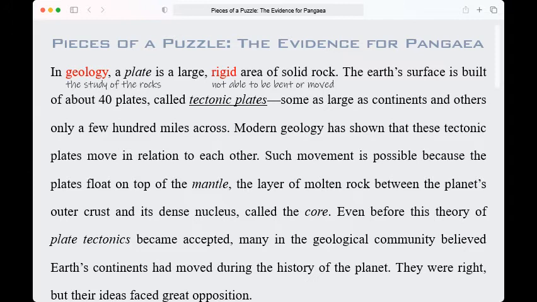So in the field of geology, where they study rocks, the word plate refers to this solid landmass. The Earth's surface is built of about 40 plates called tectonic plates, some as large as continents and others only a few hundred miles across. So the Earth that we are standing on is comprised of about 40 plates, pieces of land.